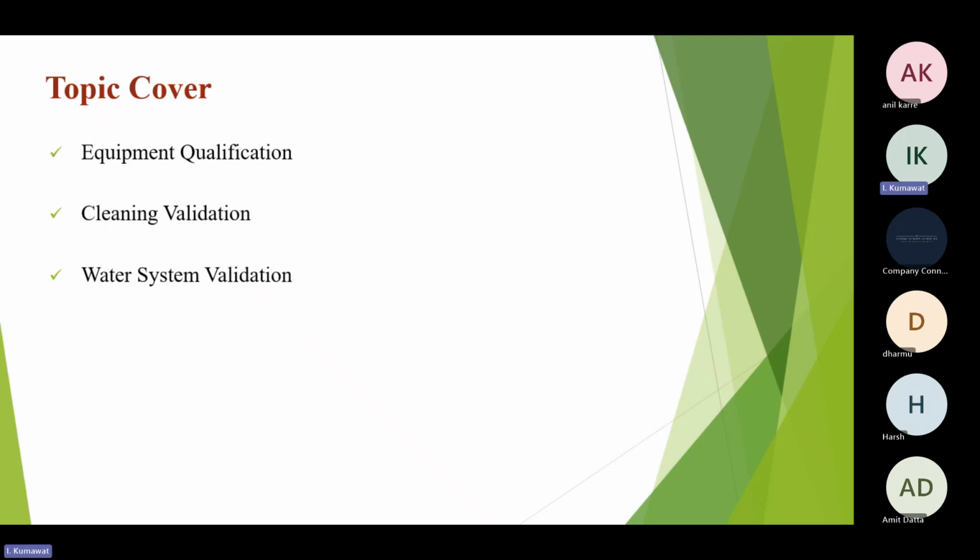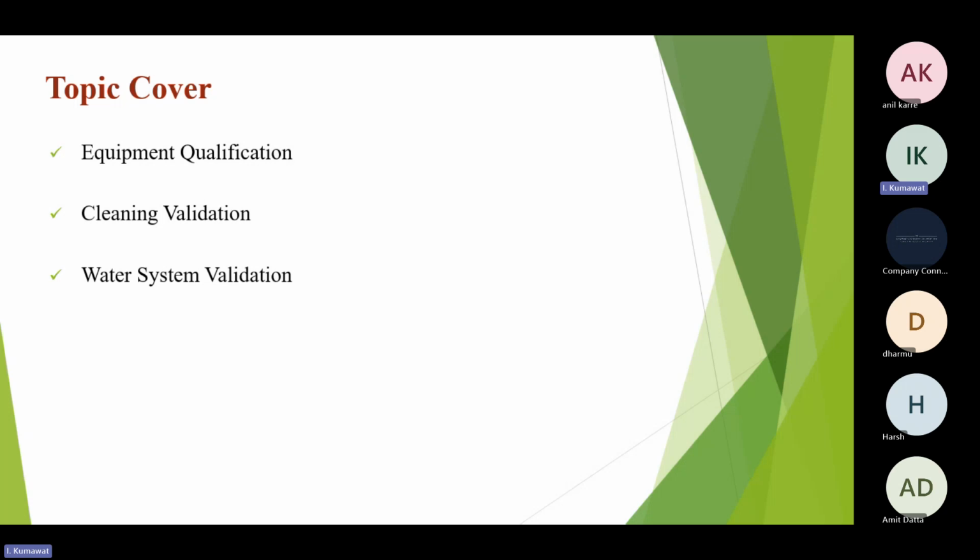Then water system validation. All these topics are very important for the pharmaceutical industry, like equipment cleaning validation, and water also. Why? Because water is used in each and every step of manufacturing. We use water for cleaning and for the manufacturing process.